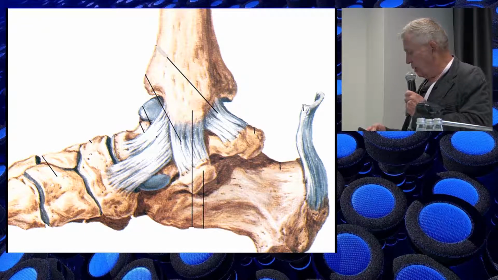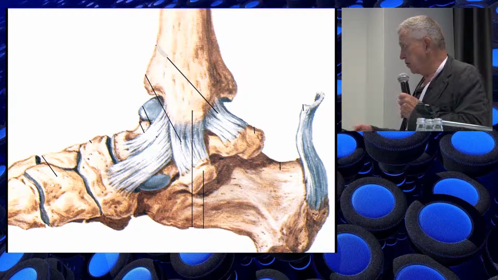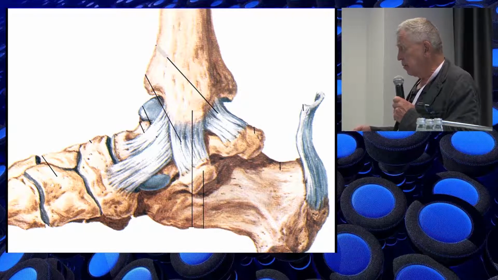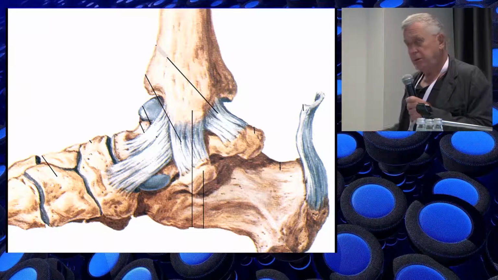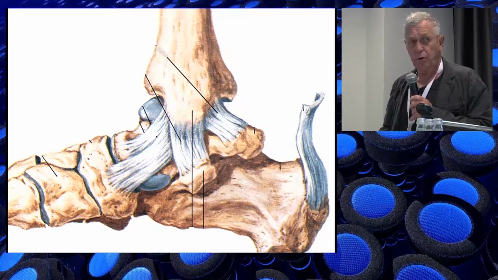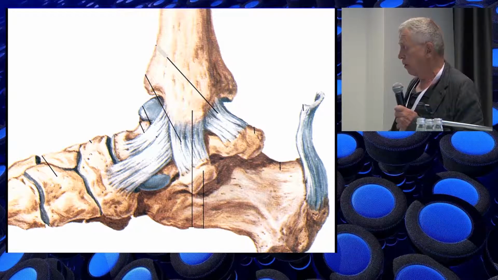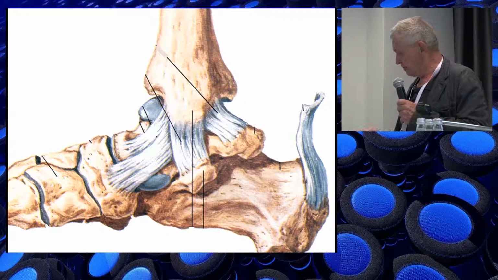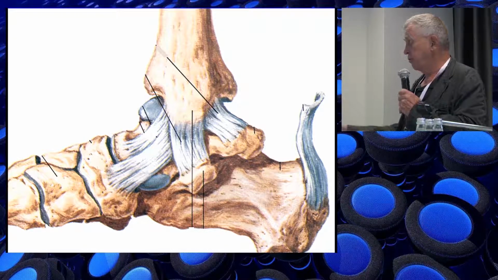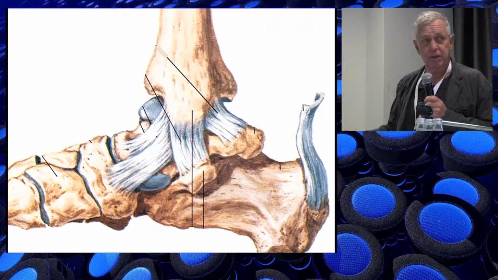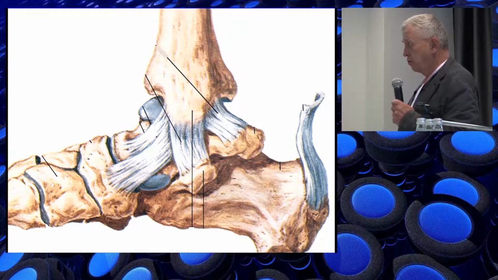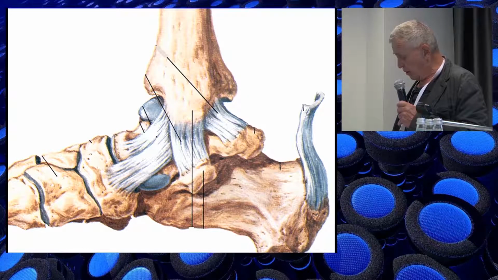You see there are fewer ligaments on the medial side. They're strong ligaments, but about 90-95% of all ligament injuries in the foot are on the lateral side. Very few are on the medial side, so it's not so common to treat the medial ligaments. That's why I'll concentrate on the lateral ones.